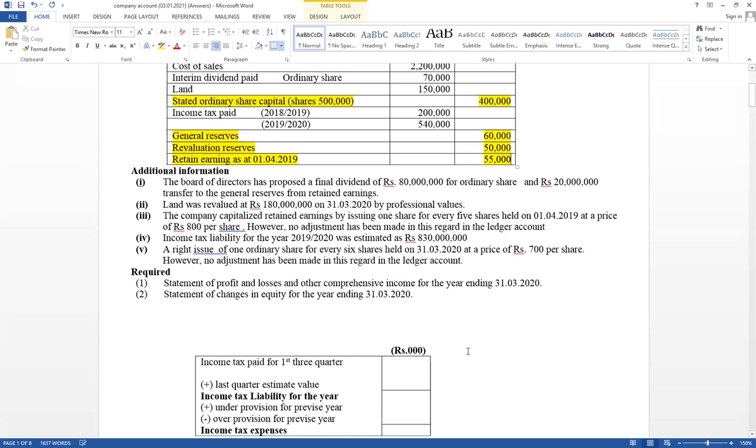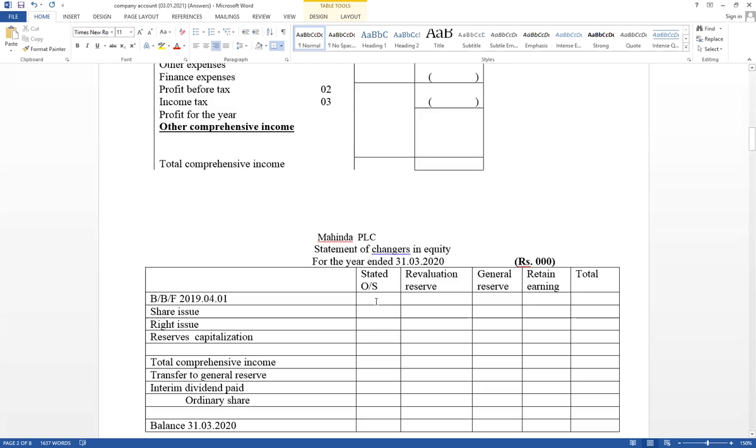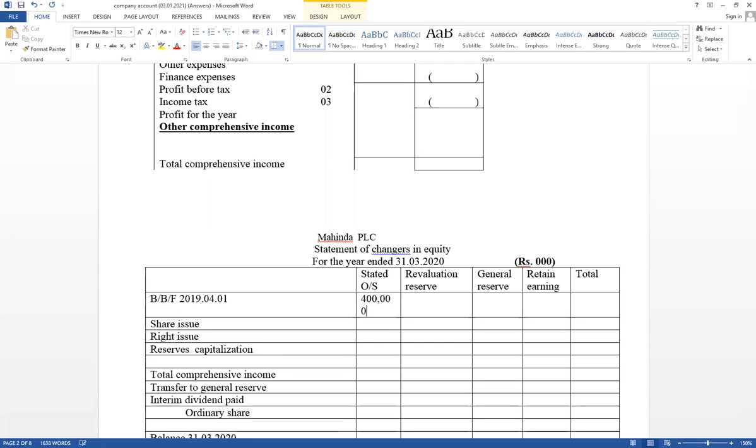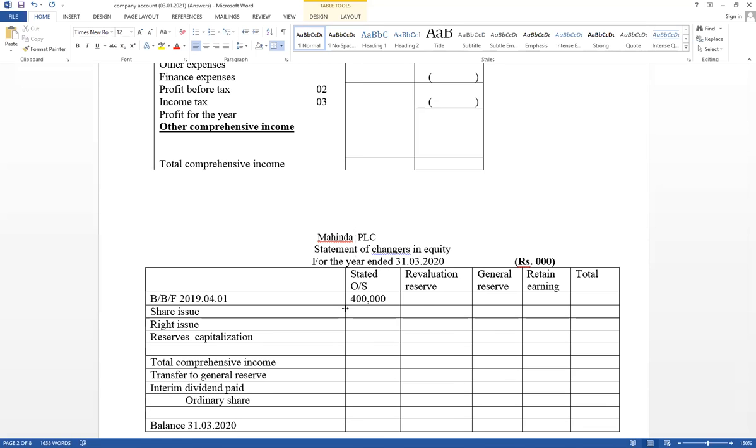Statement of change in equity. Ordinary share value equal 400,000. It has given values in thousands. And revaluation reserves, it has given 50,000.